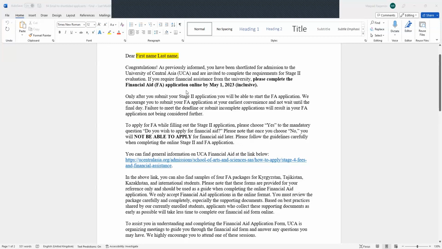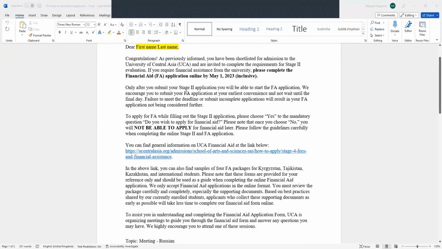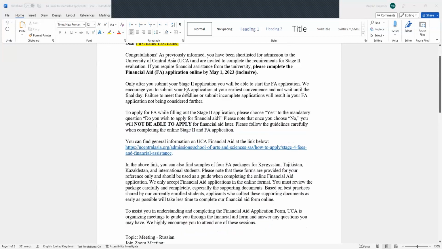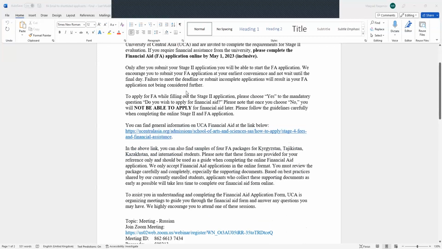I'm not going to read all the email, in order to save time, but there are a few things I would like to indicate. When you have passed to stage 2, you receive one more email from our admission, the registrar office department, and then you receive an email from the finance team.